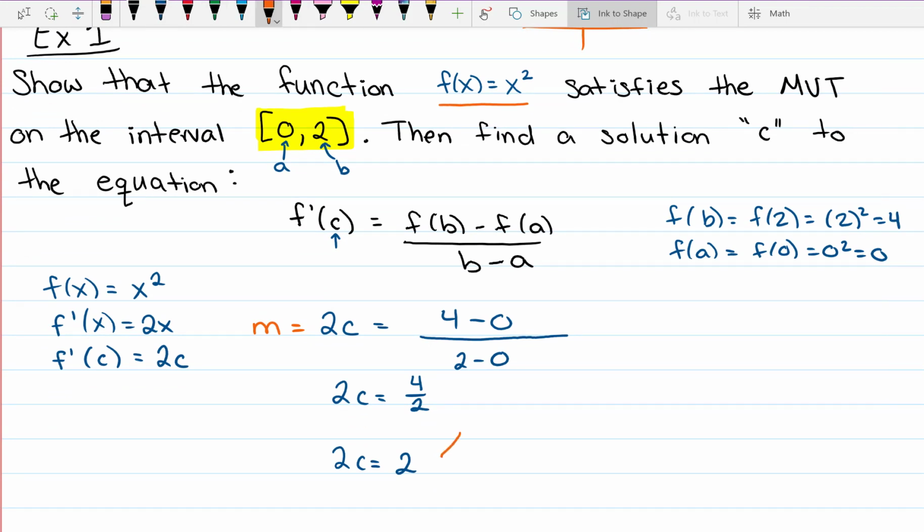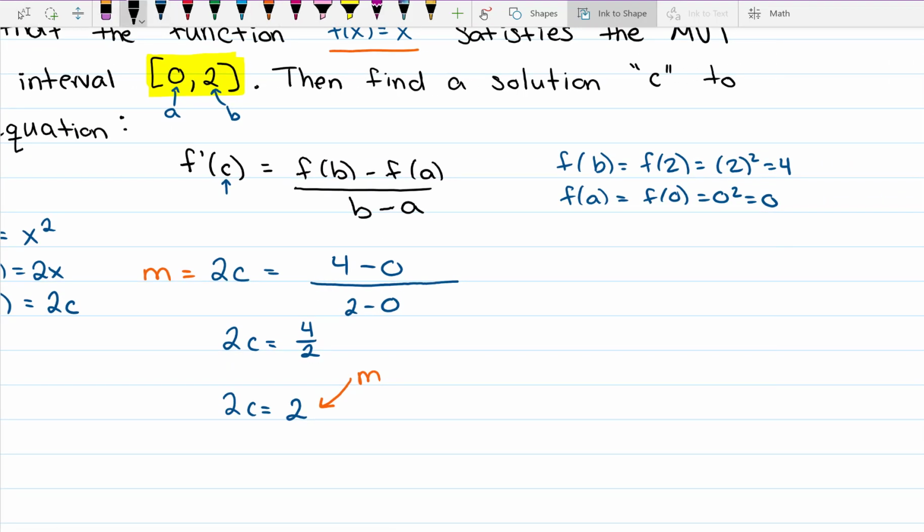This tells me right here that this is m. This is our average rate of change from the points 0, 2. If I were to just graph this very quickly to show you what I'm talking about, here's the graph of x squared from 0 to 2. So the parts that are dotted are not included in my domain.